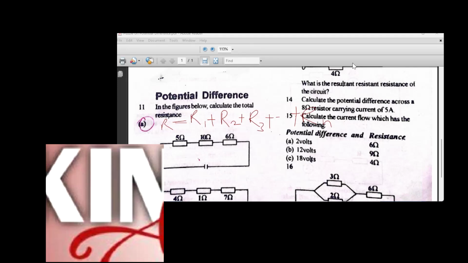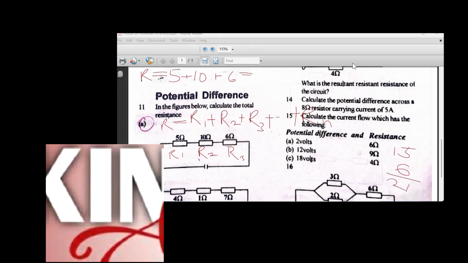And here we have R1 as 5 ohms, R2 as 10 ohms, and R3 as 6 ohms. So that can be represented by slotting it into this particular formula, and you have your equivalent R to be 5 plus 10 plus 6. 5 plus 10 is 15, and 15 plus 6 is 21.